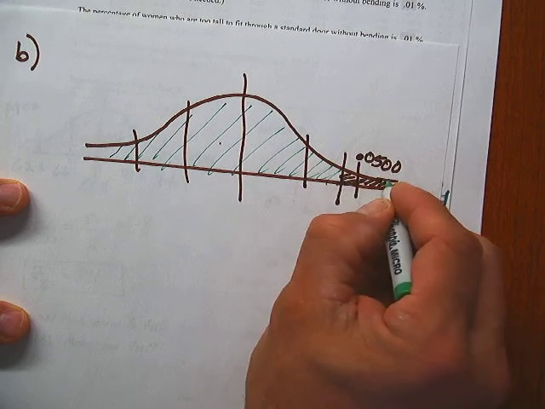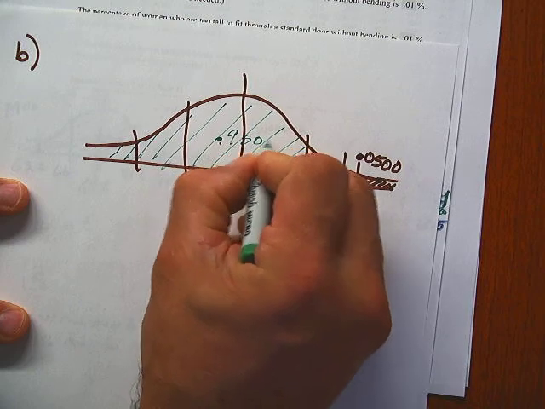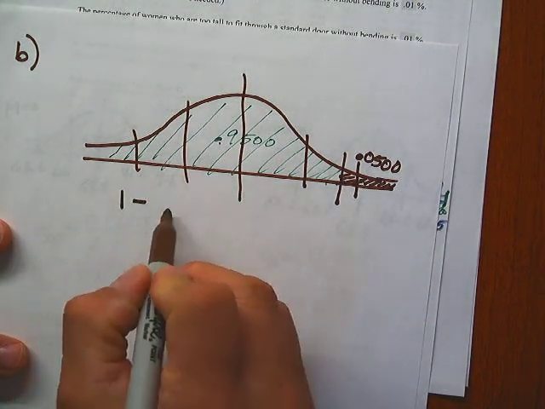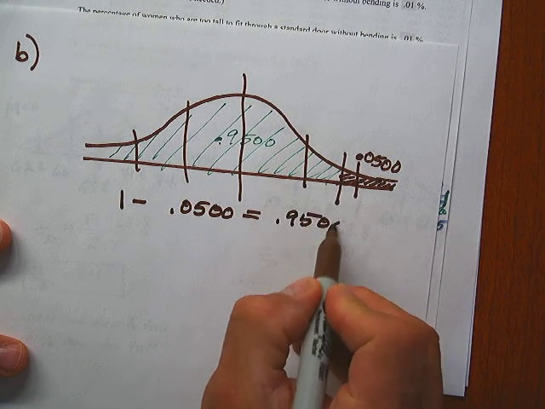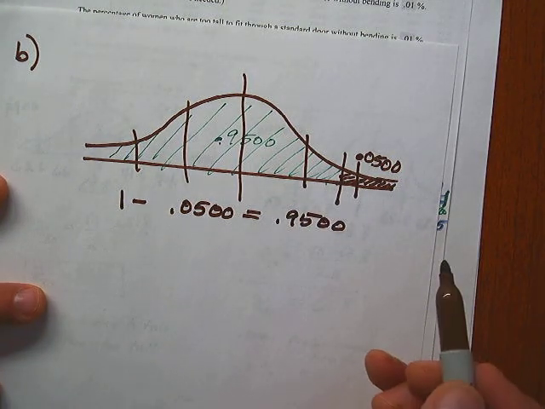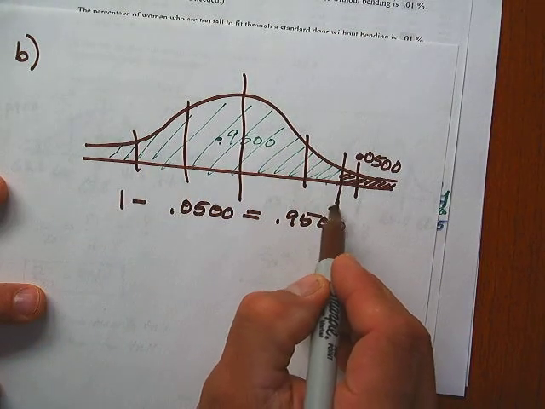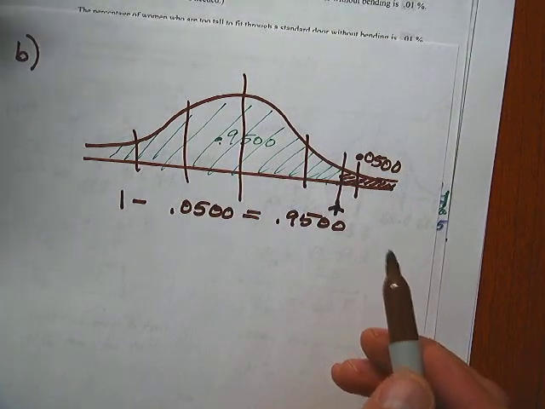That means the left-hand side, and I'm going to do it in another color. Do it in our green marker again. If this side right here is 0.05, then this is 0.9500. That's just the complement. 1 minus 0.05, or 1 minus a nickel, is equal to 95 cents. So let me write that down. 1 minus 0.0500 is equal to 0.9500.